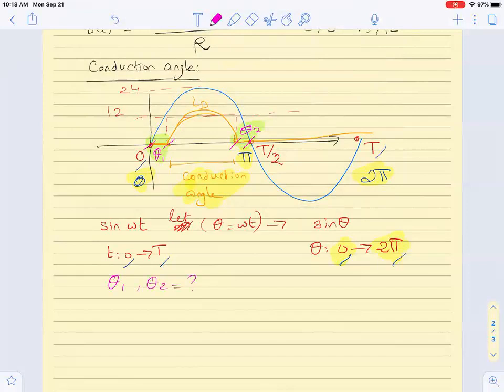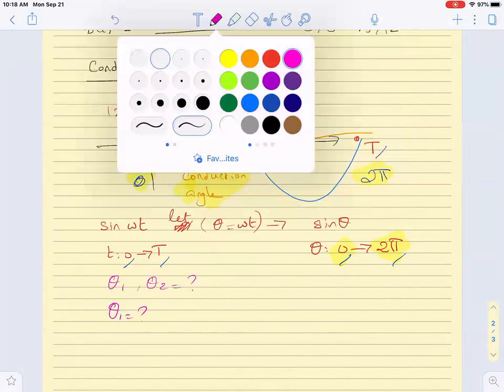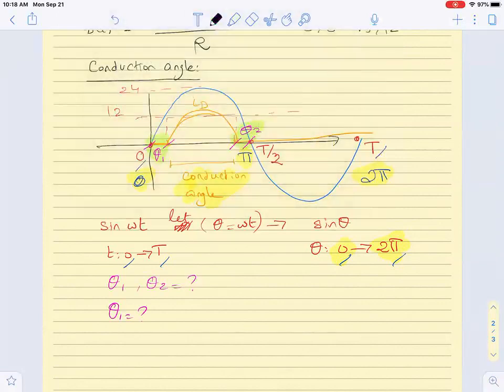Sin theta 1 equals 12. Okay, so now notice what is the signal that I have: Vs. If I write Vs as 24 sine omega t, I can also write it as 24 sine theta, right?